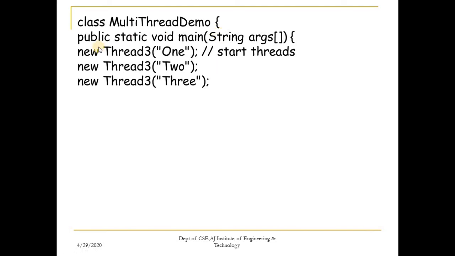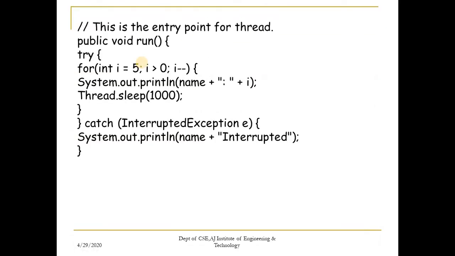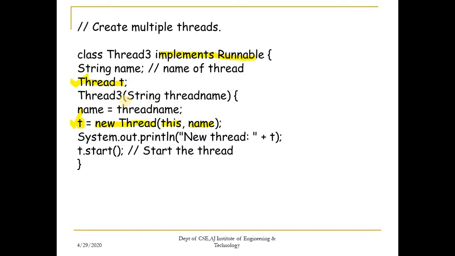This main thread creates 3 objects of the thread3 class, so it is calling the constructor of the thread3 class with 3 parameters: 1, 2 and 3, which are the names of the threads that you are going to pass to the thread3 constructor.